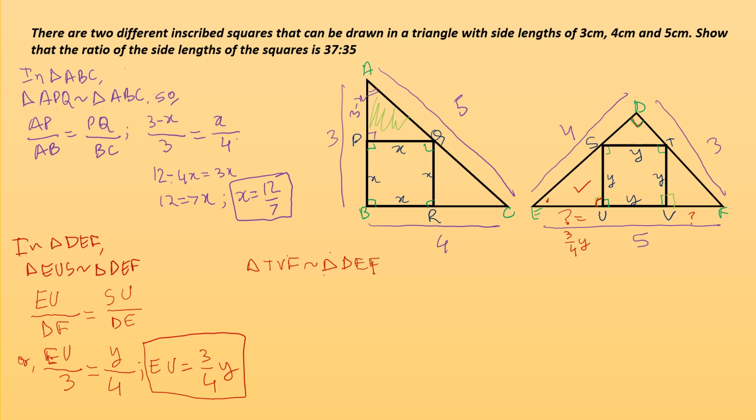From here I should first take VF because that's what I don't know, out of DE, equals TV out of DF.